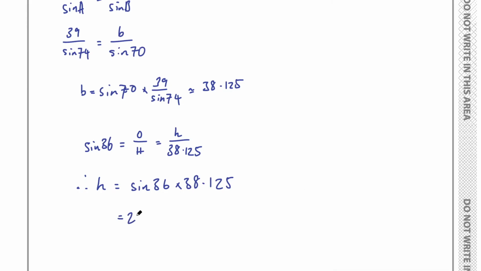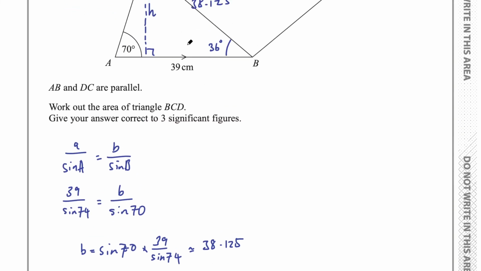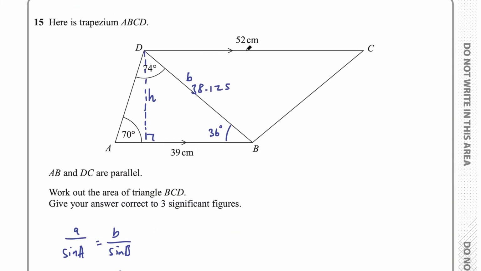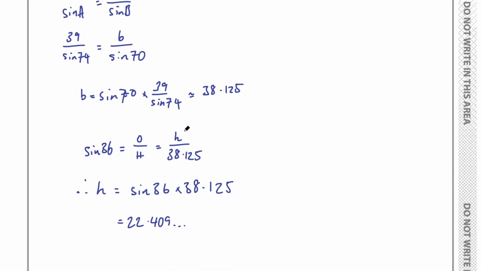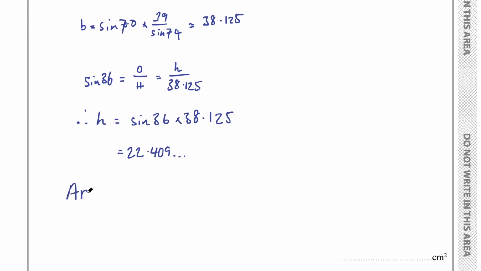22.409. Okay, now I have the height. I can find the area of this triangle by multiplying the base times the height and then dividing by 2. So the area of triangle BCD is going to be 52 multiplied by 22.409 divided by 2.